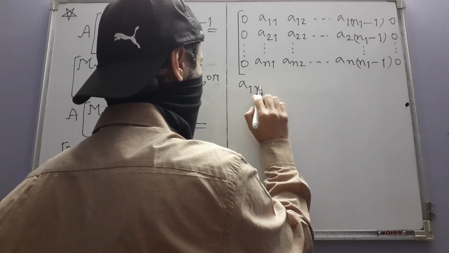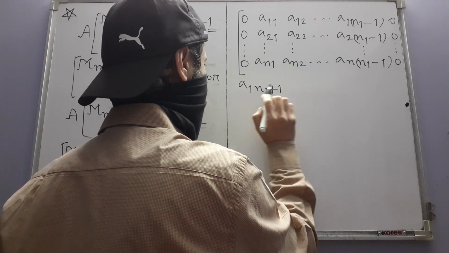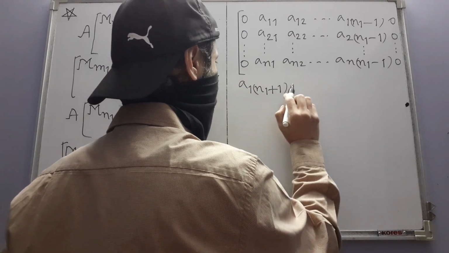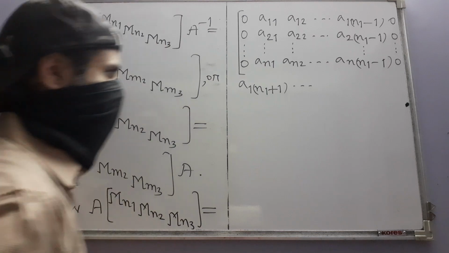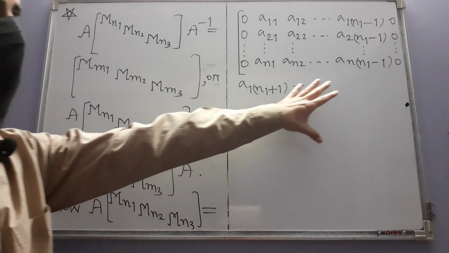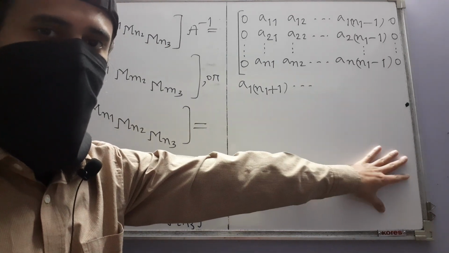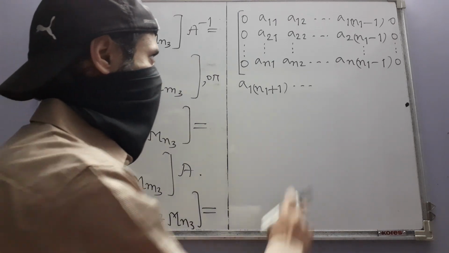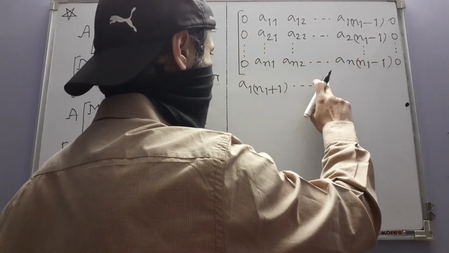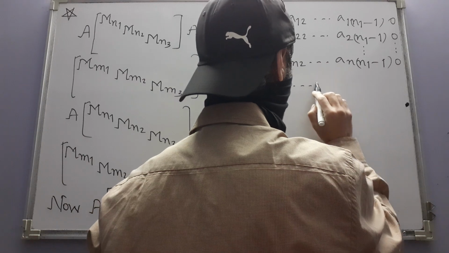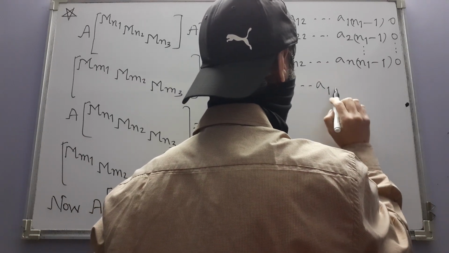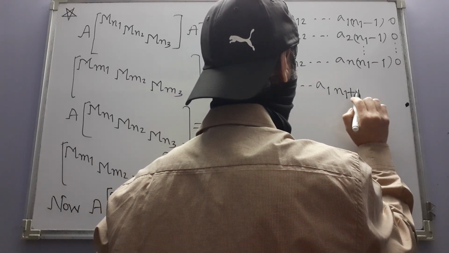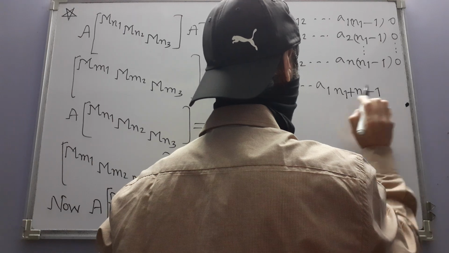A1,N1 plus 1, and like that it goes. And here also we won't be able to completely write the matrix. Another part will be needed, because just like this portion, this is also going to stop at N1 plus N2 minus 1.